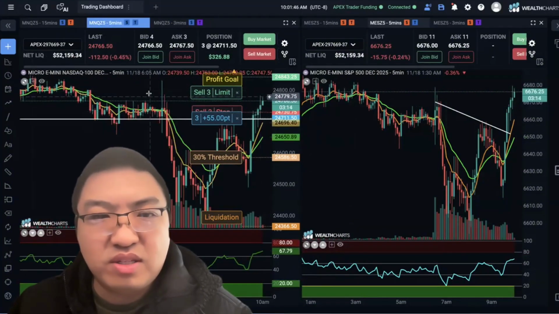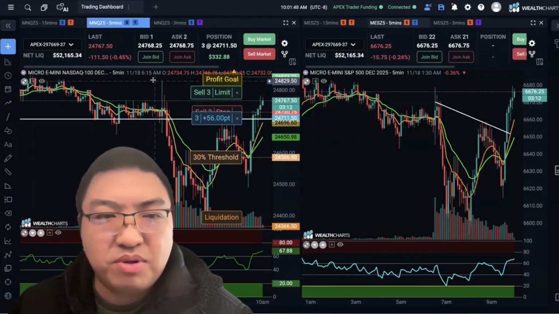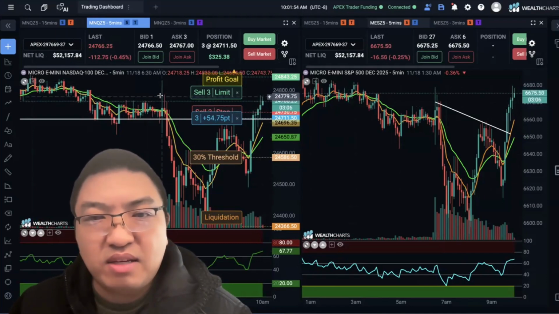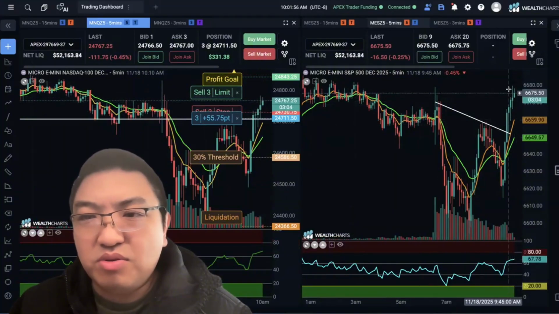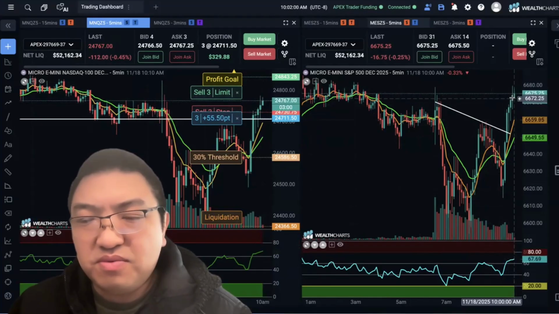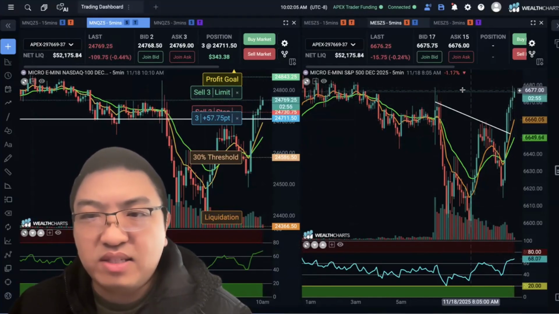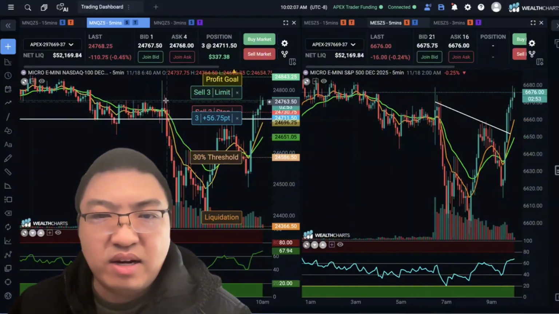Okay, for NQ, it has not even reached the peak of the market opening high. It seems like it's lagging behind, because ES has already reached the opening high. See how it performs. If ES breaks out the opening high, then there are chances that NQ will break here.